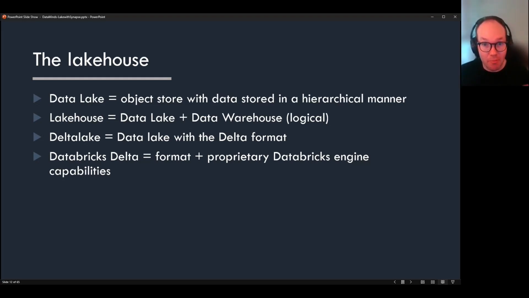So the same name means two very different things, because the Delta Lake and the Delta format is an open format and multiple tools can use it, whereas Databricks Delta is a series of tools that are proprietary to their engine.